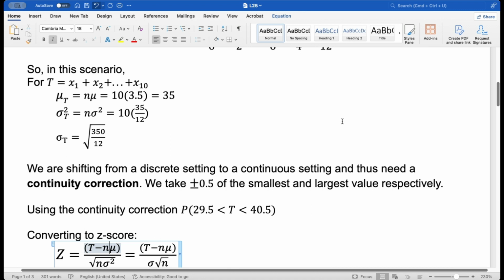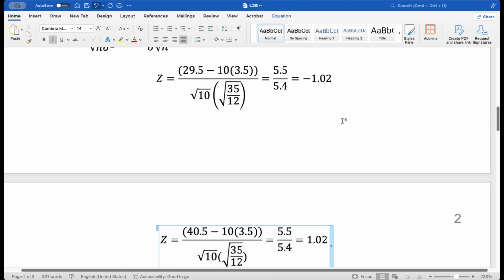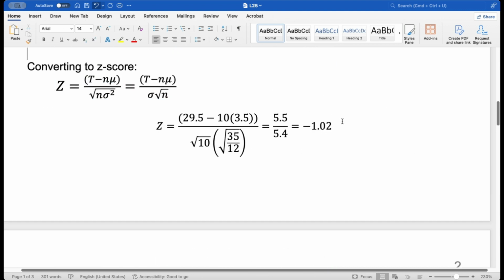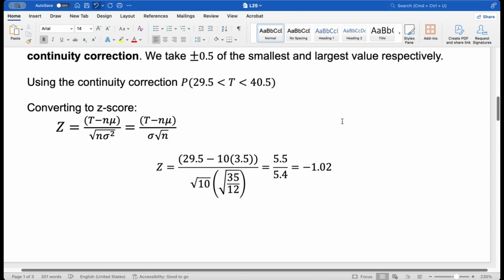We're going to do each of these values minus the mean of the total, divided by the standard deviation. So it's going to be 29.5 minus 10 times 3.5, divided by sigma times root n.